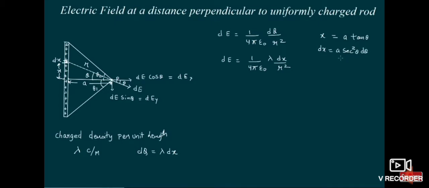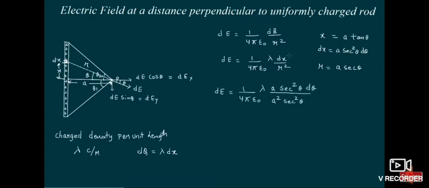So dx is equal to a secant square theta d theta, and the value of r is given by a secant theta. Now substitute the value of dx and r: dx as a secant square theta d theta and r as a secant theta.